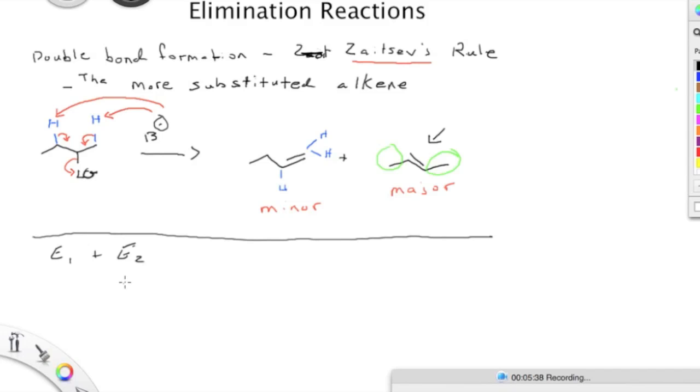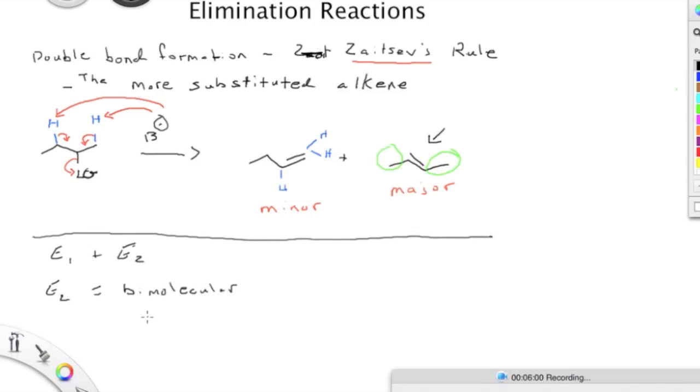So we don't have any intermediates. So E2 reactions are bimolecular, and so we end up with essentially both species in the rate.